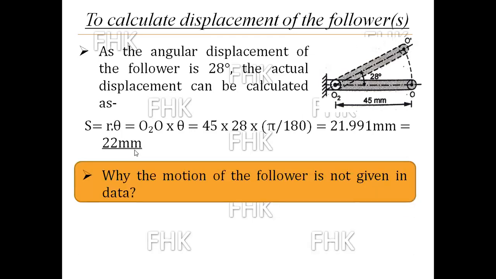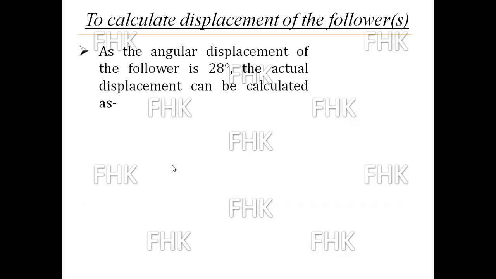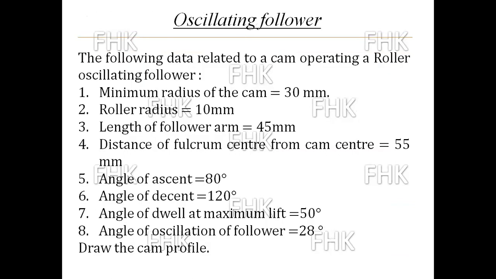Now the question arises here: why is the motion of the follower not given in the data? The data is in front of you. I show you the complete data from the problem statement. In this data, again the follower motion is missing. No, that motion is not missing.